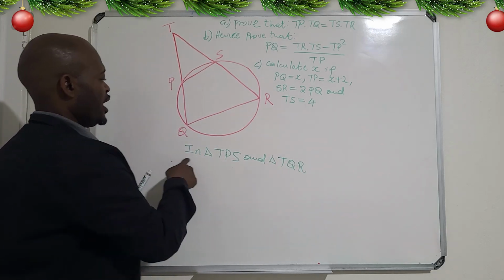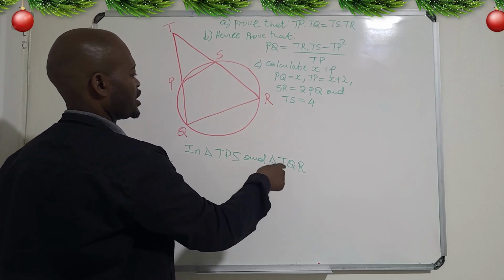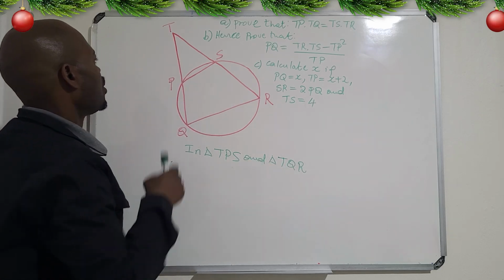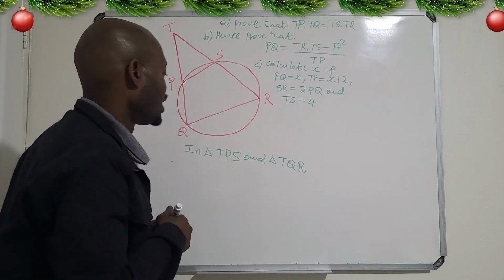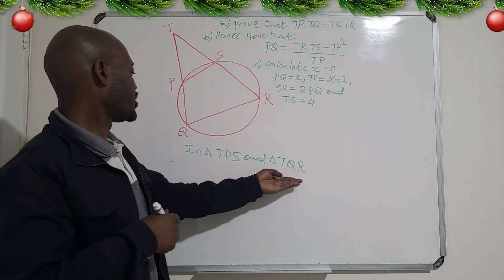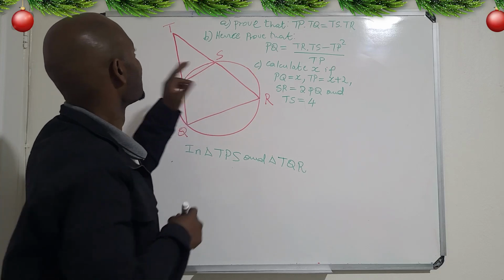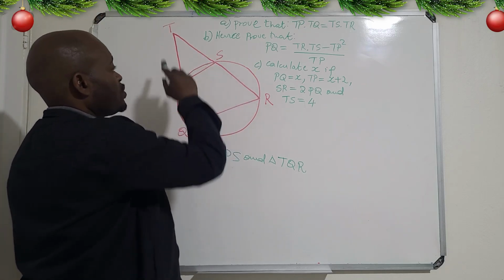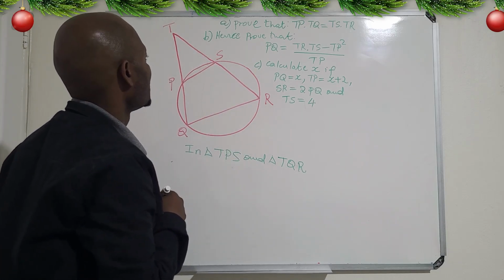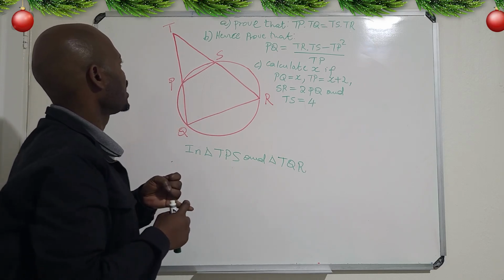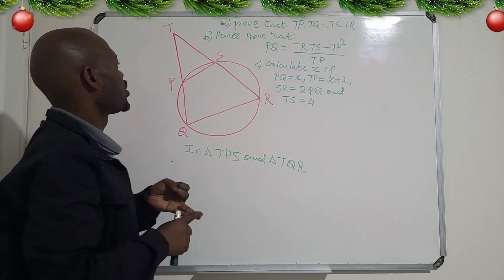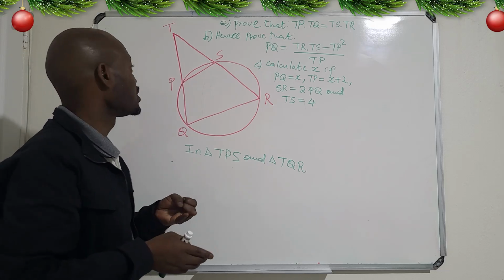Now, in triangle TPS and triangle TQR, we can assume that this is parallel to that. Now, before we can even prove that the two triangles are similar, we must not forget, we must eliminate all the theorems which are not there. Since we don't have a center, theorem number 1 and theorem number 2 are out.